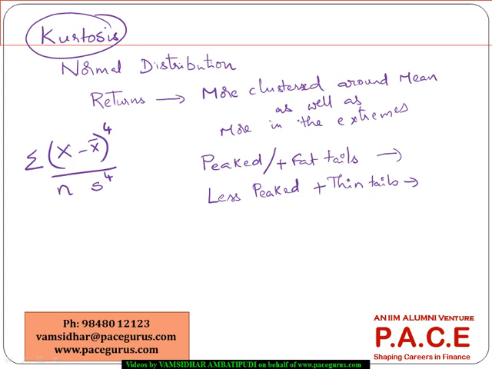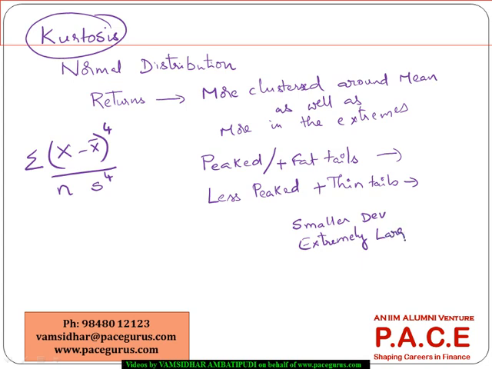So the intention here is looking at the percentage of smaller deviations from the mean and the percentage of extremely large deviations from the mean, not somewhere in the middle.